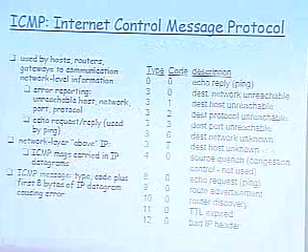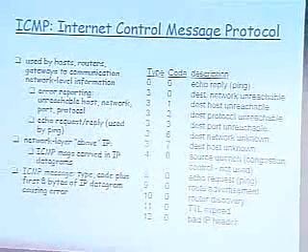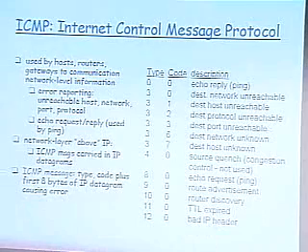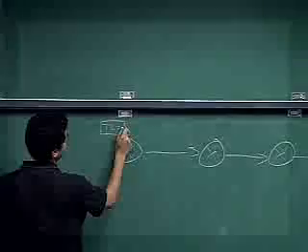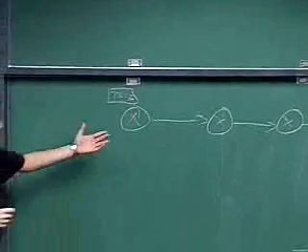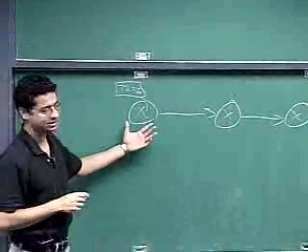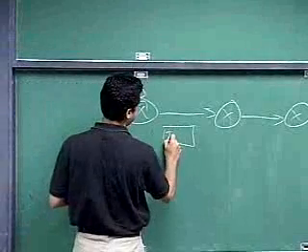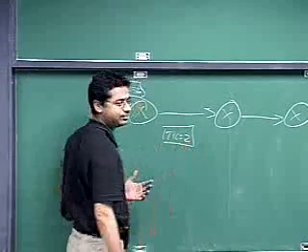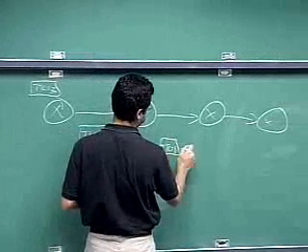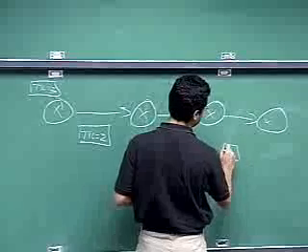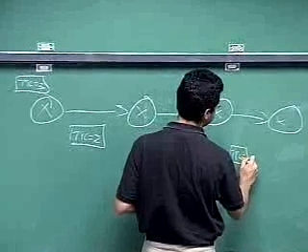So if you have routers in your path and you send out a packet with TTL equals 3, when it crosses the first router in the path, TTL becomes 2, then TTL becomes 1, and finally here TTL equals 0.